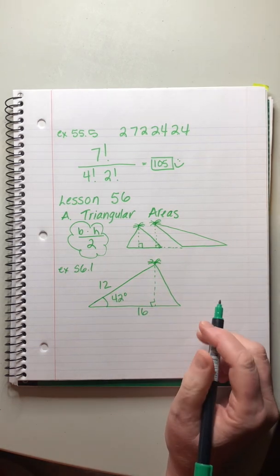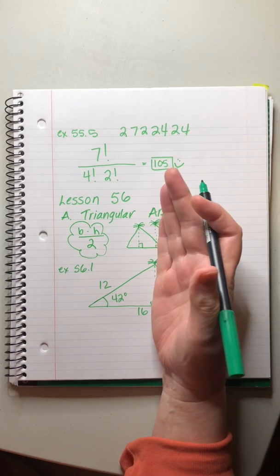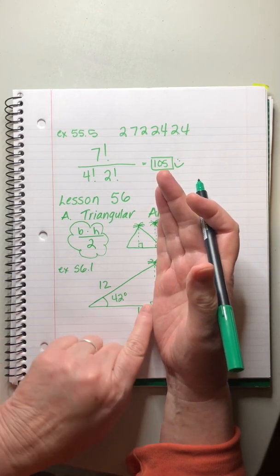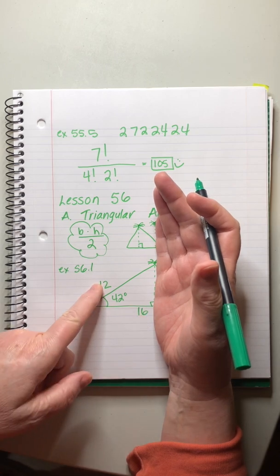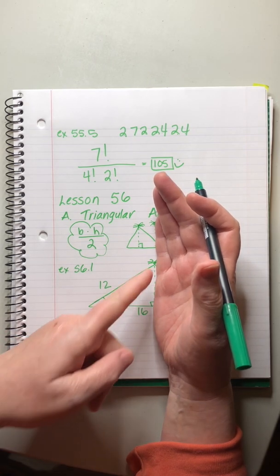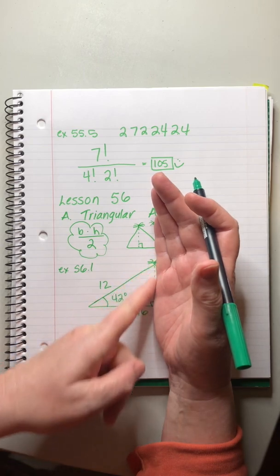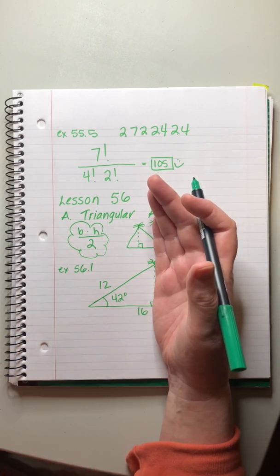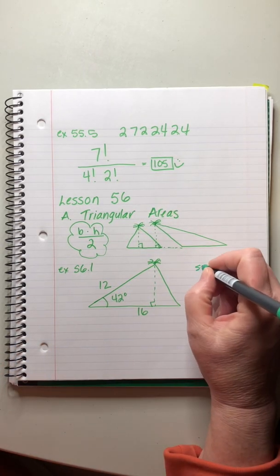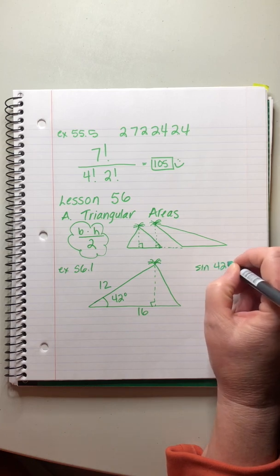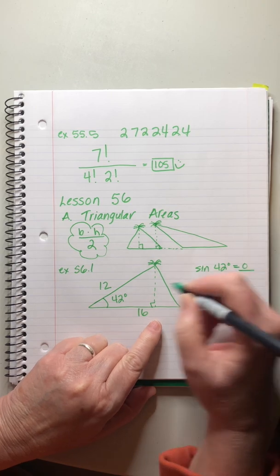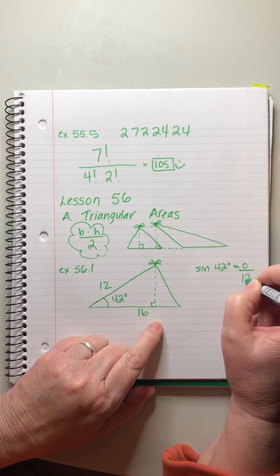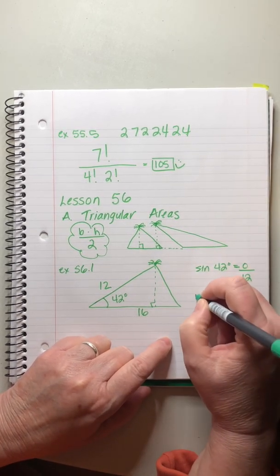Well, if we ignore this part of it, this is a right triangle, and we've got the adjacent side, and we've got the hypotenuse, and we've got the size of the angle. We just need the opposite. So we know that the sine of 42 degrees will equal the opposite, which we don't know, over the hypotenuse, which is 12.